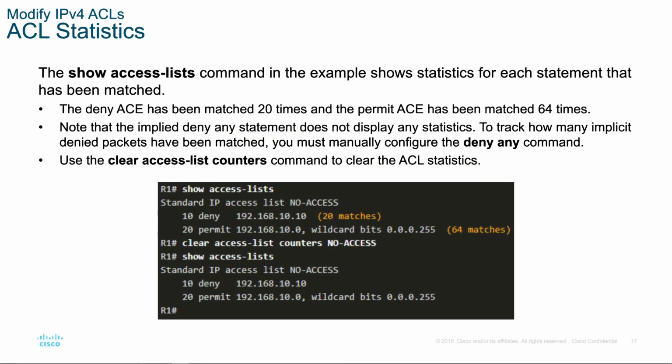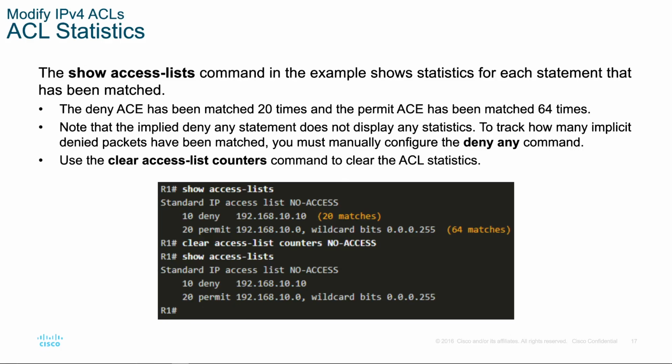When you look at how your access list is performing and traffic has been filtered, you will see a match statement against the line. That's how many times that line has been matched against traffic flowing through the interface in the direction that that access list is applied.